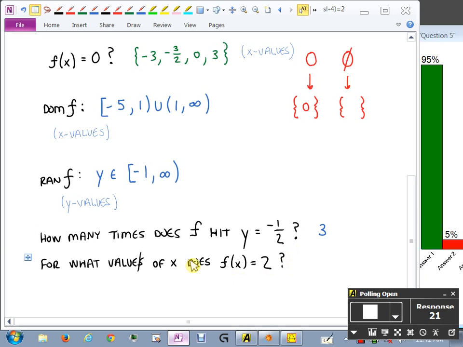This is the same exact question as the one above, just disguised. It's just different wording for the same thing. When I say f of x equals 2, I really mean f of x is y. Aren't I saying when is y equal to 2? Where does it hit 2, which is like a horizontal line?